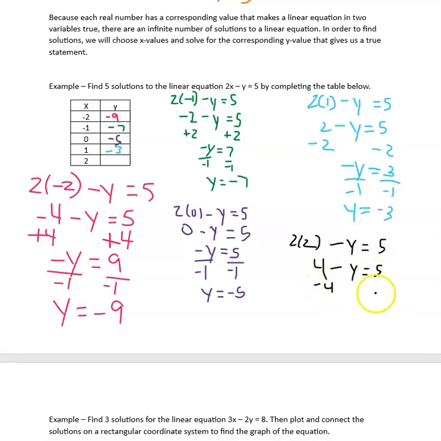Subtract 4 from both sides. Negative y equals 1. Divide both sides by negative 1. And y equals negative 1. So when x is 2, y is negative 1. So what we now have are 5 ordered pair solutions to the linear equation 2x minus y is equal to 5.